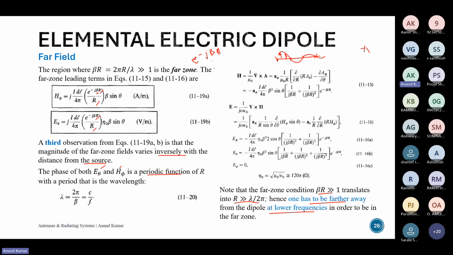So beta r is known to be positive. Now its value could either be greater than 1 or less than 1. Now, if it is greater than 1, what will happen is this exponential... if it is less than 1, this exponential will increase rapidly.